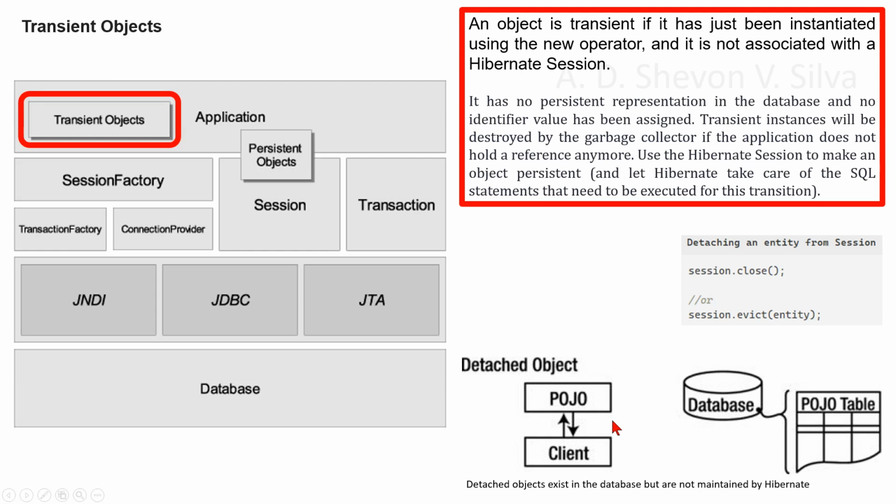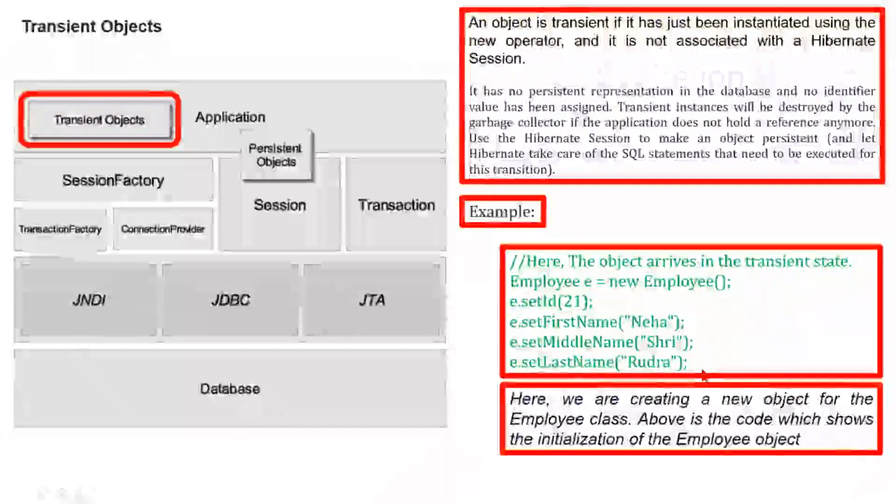Here POJO interacts with client. Here database interacts with POJO table. As an example, you can see this code segment.